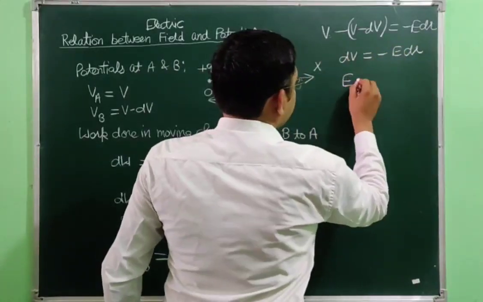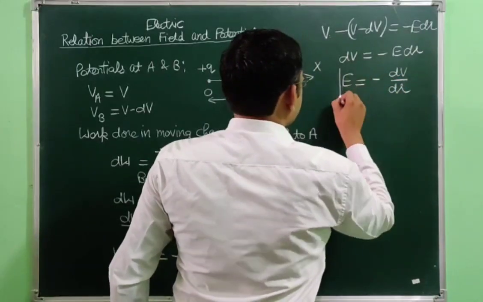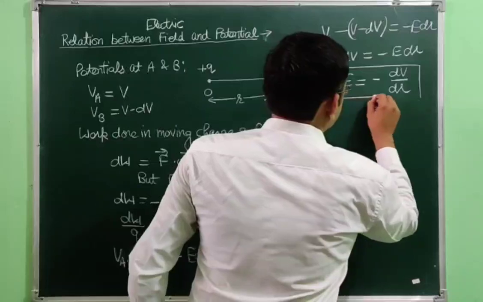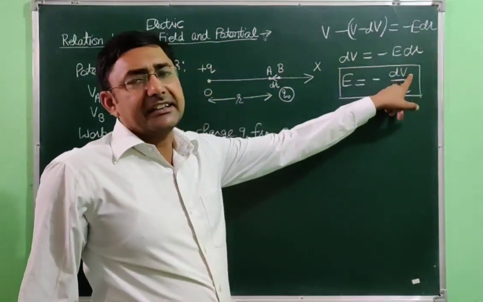And I can write E equals minus dV over dr. So this is the relation between electric field and electric potential.